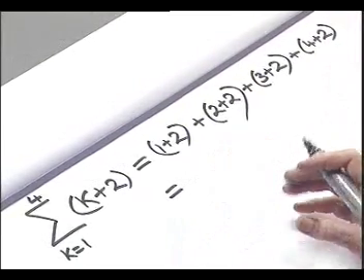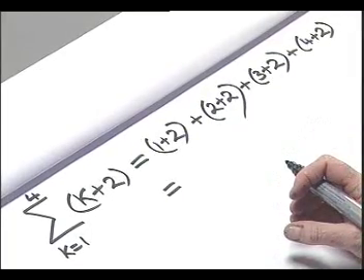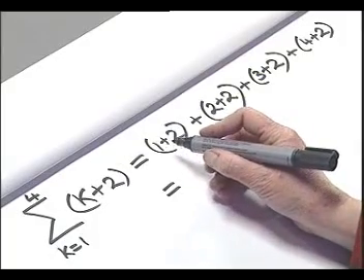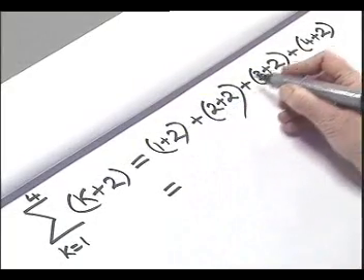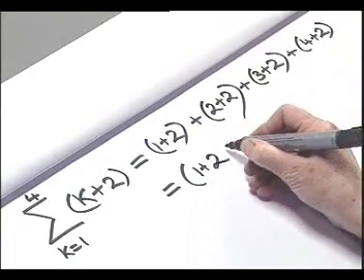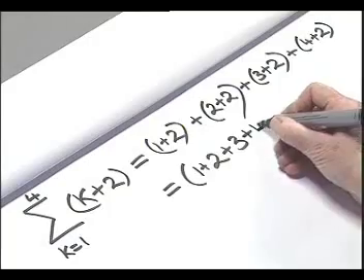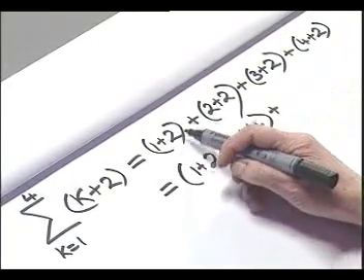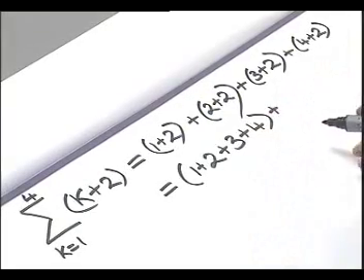Now what I want to do next is rearrange these values. If I rearrange such that I have the addition of 1 plus 2 plus 3 plus 4 first, and then see what we've got left. We've got add 2, 4 times.